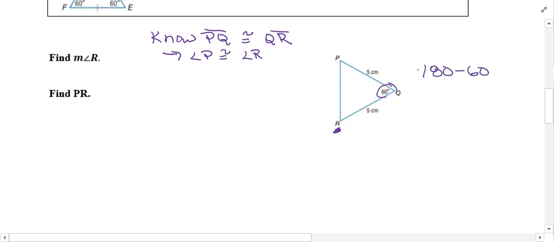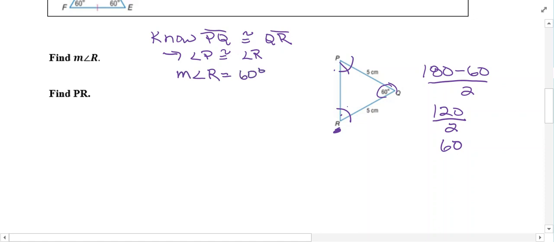So if we subtract that one, and since this one's congruent to this one, we can divide it by 2, and we'll have what each angle is. So 120 divided by 2 gives us that R would be 60 degrees. So the measure of angle R is 60 degrees.